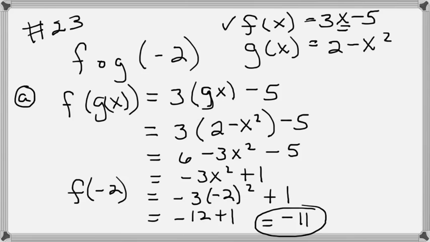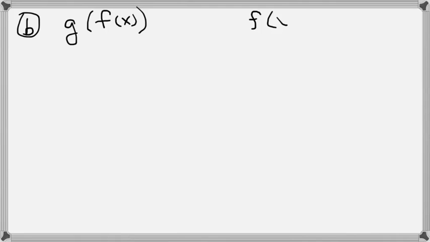Alright. Now I'm going to go to the next page and we'll do the second part where they want us to find g of f of x. This is the B part, where they want us to find g of f of x. And then I'm just going to make sure I'm writing my functions up here because I have to use those every time.